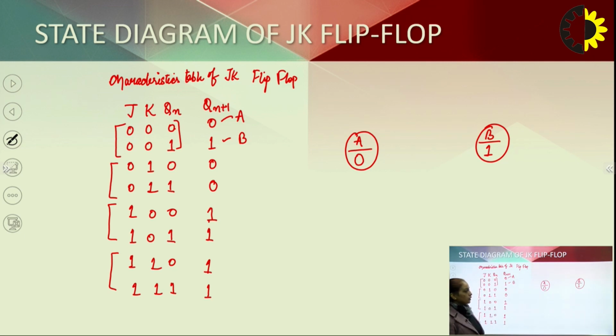And we know that in case of Moore representation, your inputs are going to be represented on the transition arcs. So first case, when the inputs are 0 0, it will remain in 0 state, right? The previous state is 0, it will remain in 0 state.